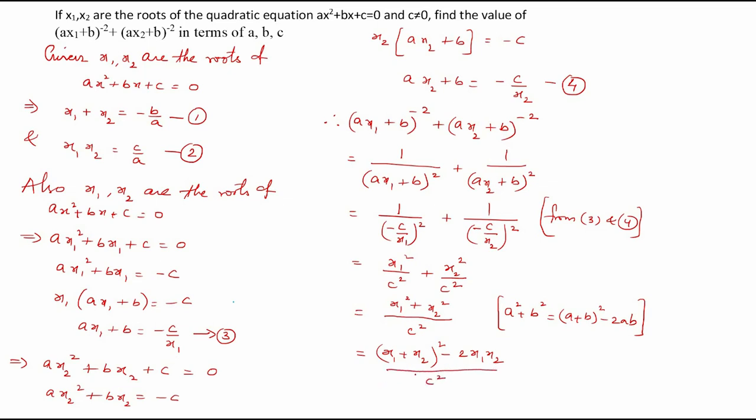So we can substitute the value of x1 plus x2 as (minus b by a) whole square from equation 1, and we have x1 x2 value as c by a from equation 2, whole divided by c square. So when you square the numerator, this (minus b by a) whole square, the minus will become positive: b square by a square minus 2c by a, whole divided by c square.